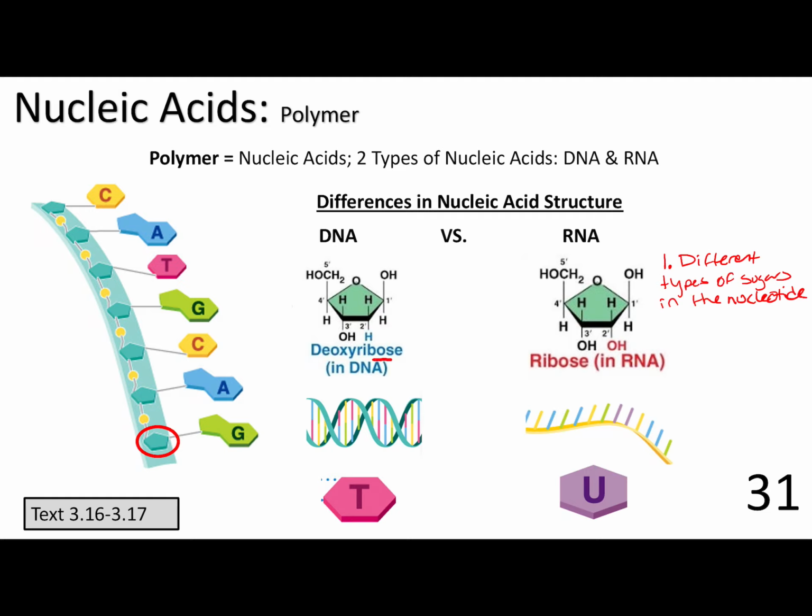But the 2 different nucleic acids have different types of sugars in the nucleotide. Specifically, DNA has deoxyribose sugar, and RNA has ribose sugar. I just want to point out, remember, the suffix -ose is an indication of a carbohydrate. So these are those single sugars that differ. That's one structural difference between DNA and RNA.